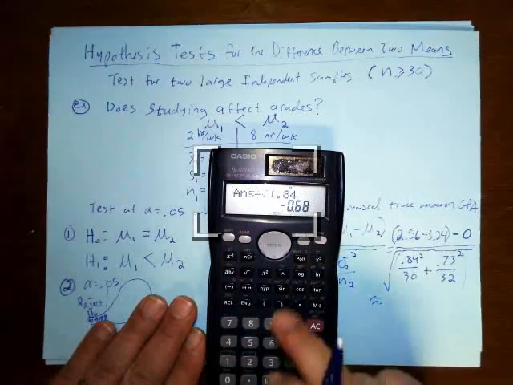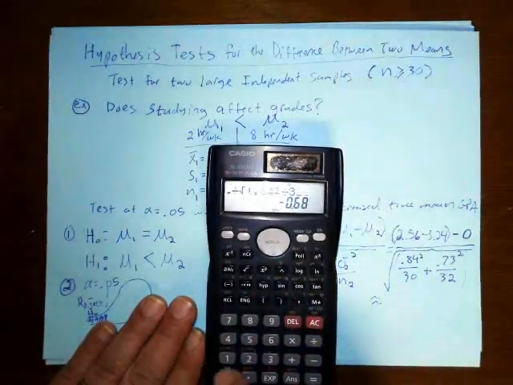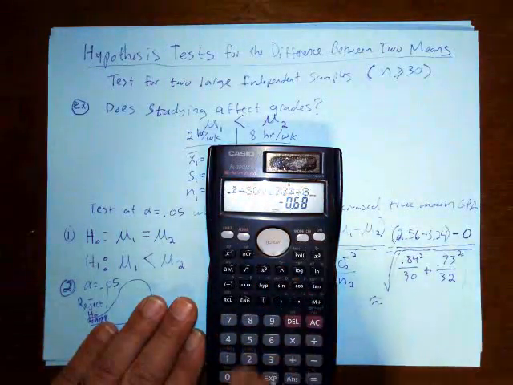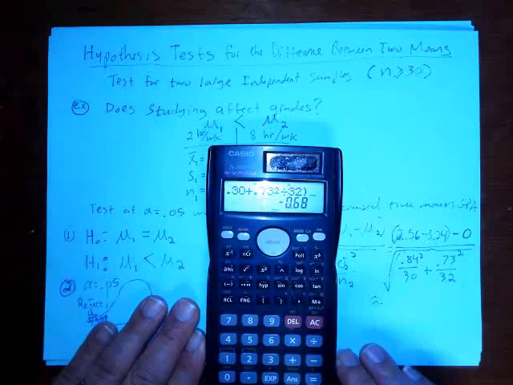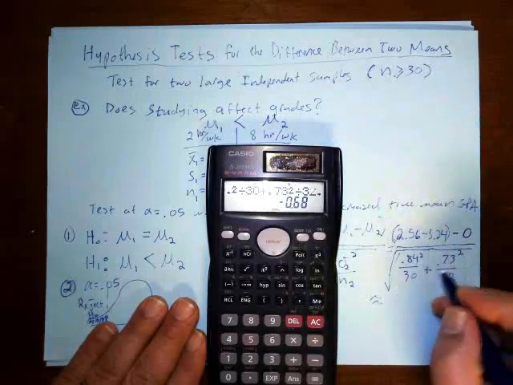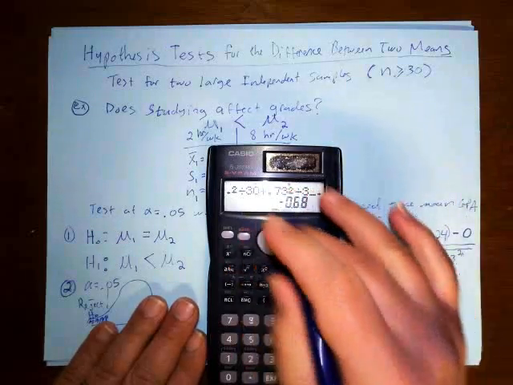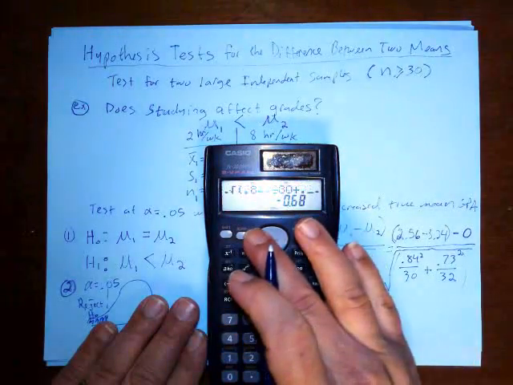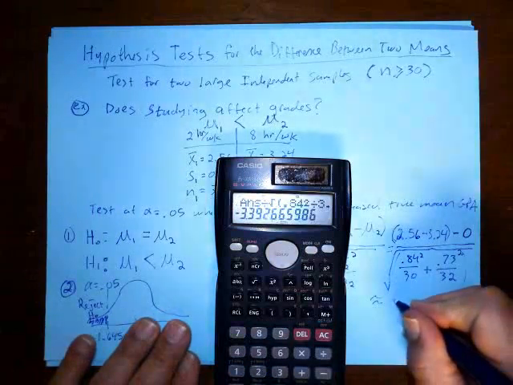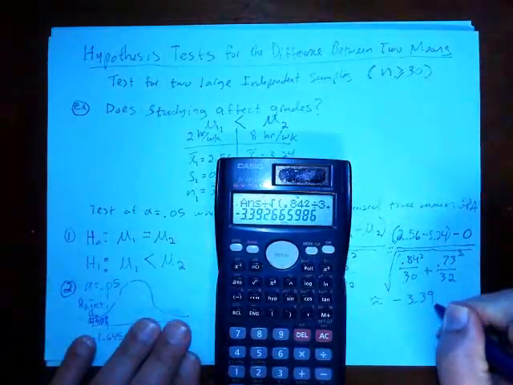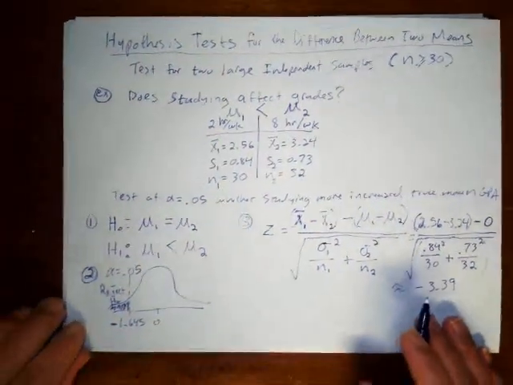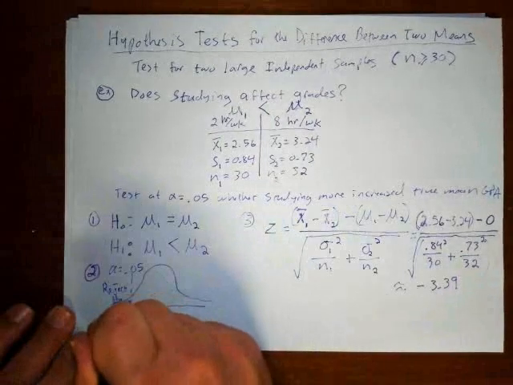So it would be 0.84 squared divided by 30 plus 0.73 squared divided by 32. So it's a parentheses around that whole thing. And you're going to get the right answer because you want it to do the exponent first and then divide, then add, and then finally take the square root. So if you put the parenthesis around the whole thing, you'll actually get the right statistic. And it's negative 3.39.